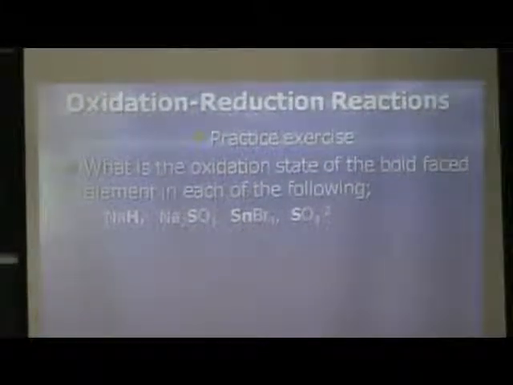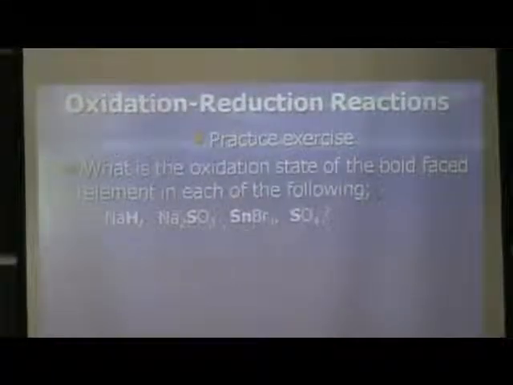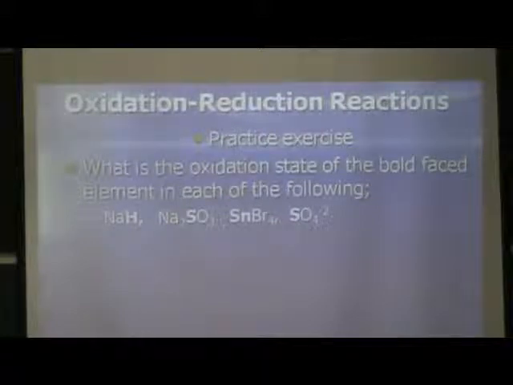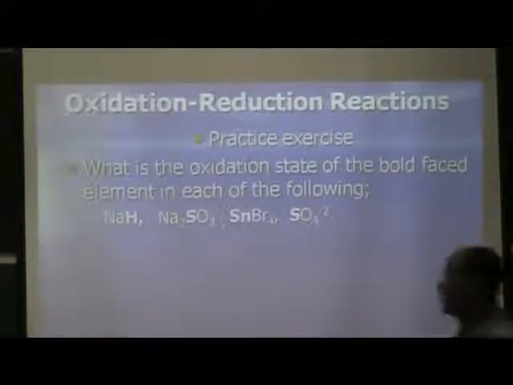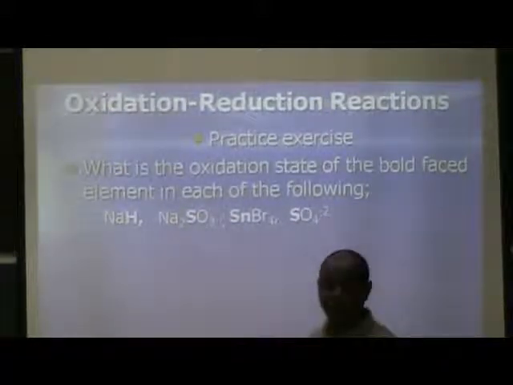Plus 4. Yes, plus 4. What do you think about the others? It is going to be plus 4. How do we know that's plus 4?